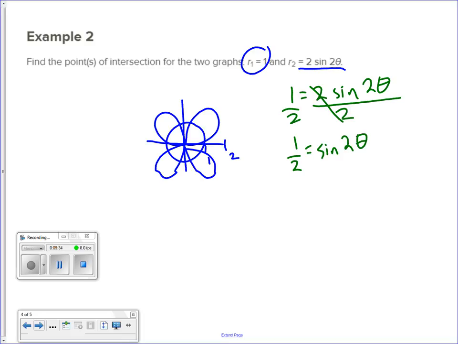And then let's do inverse sine here. So you're asking yourself, for the left side, what angles on the unit circle have a sine of positive 1/2? And it's pi over 6 and 5 pi over 6.